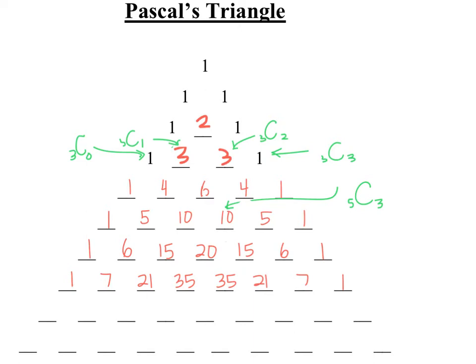Okay, how about this 21? Well, that is from row 7. And then if we count which position that is, 0, 1, 2, 3, 4, 5. That is C7, 5.